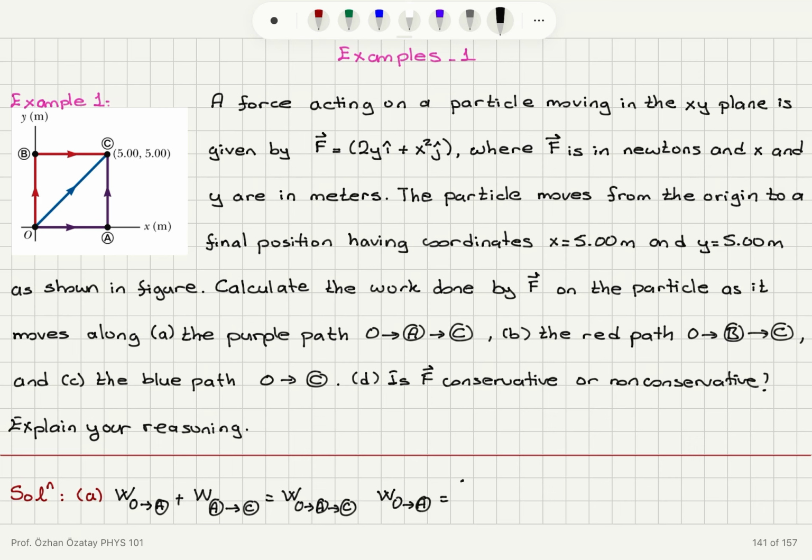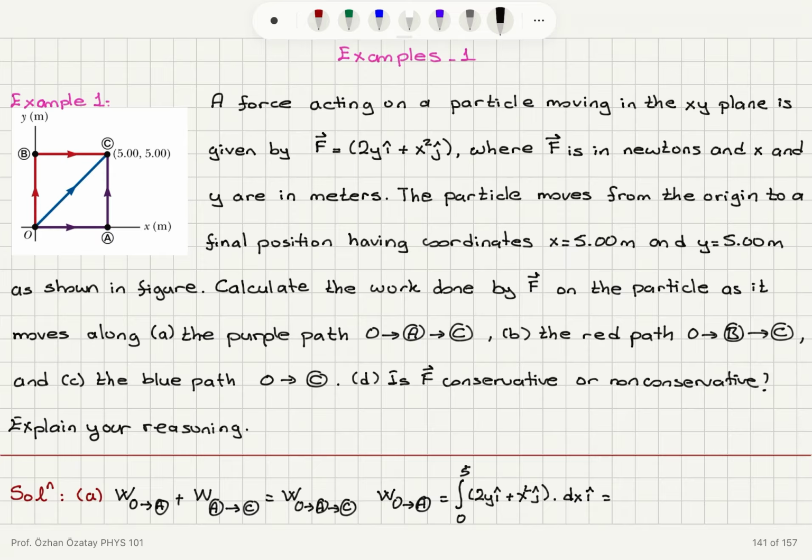So this is the integral. We're going from x equals 0 to x equals 5. The force 2y i hat plus x squared j hat, dot product with our incremental displacement vector. Since we're moving on the x-axis, this would be dx i hat.